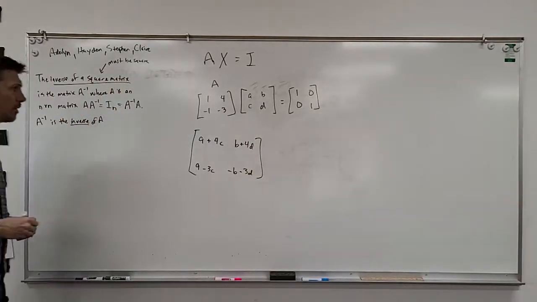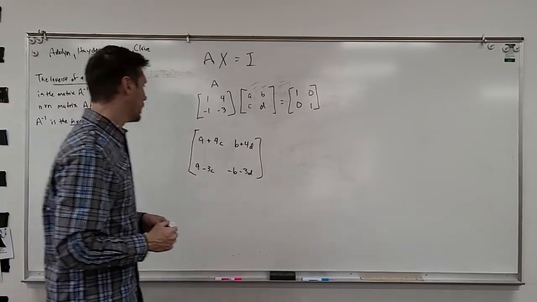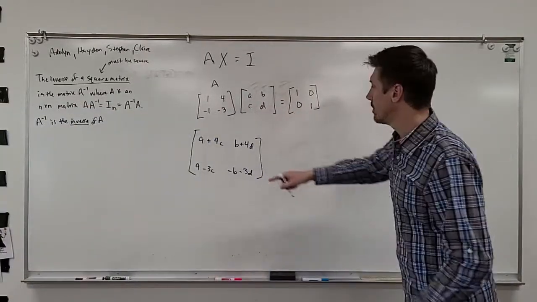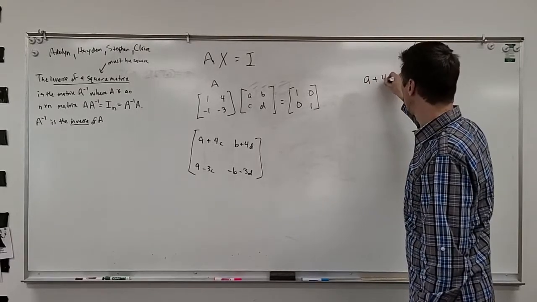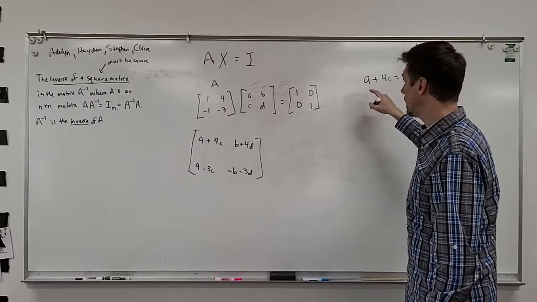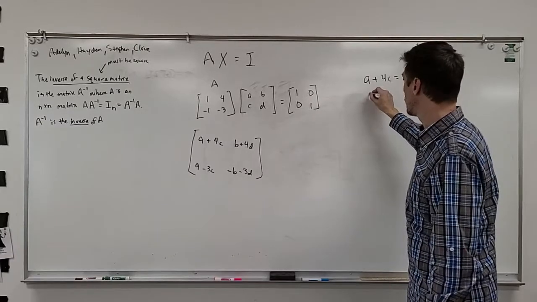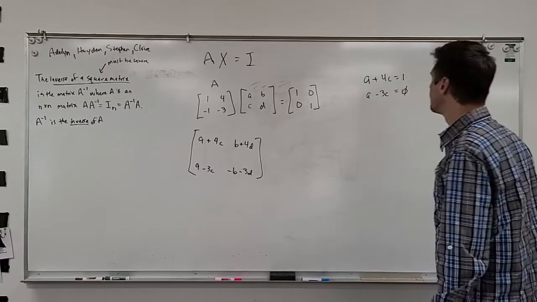Does that look right? Mm-hmm. Notice when we do this, we've got a system of equations based on these two linear equations. So A plus 4C equals 1, if it's going to be the identity matrix that results from this. And then A minus 3C equals 0.